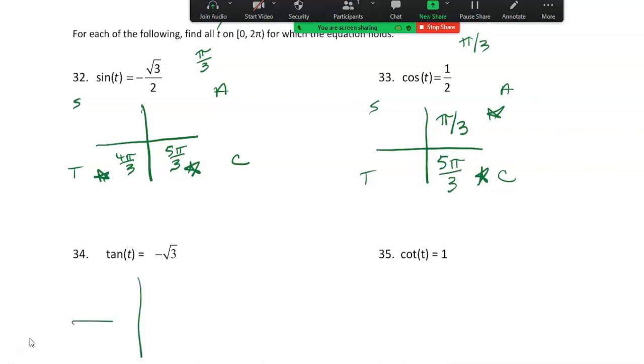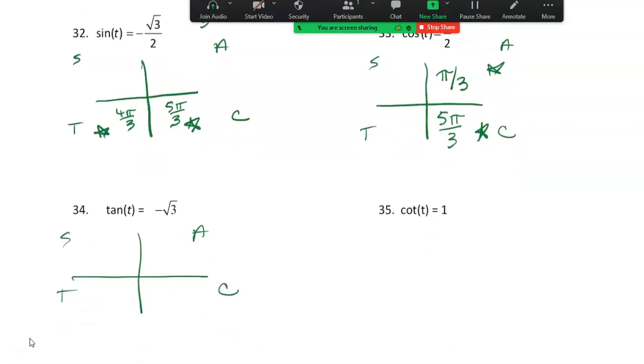Okay, next one, you still are going to need all students take calculus. Tan is negative. Where does that happen? Tan is negative here and here. Now, if tan is negative √3, the values must have been √3/2 divided by 1/2.